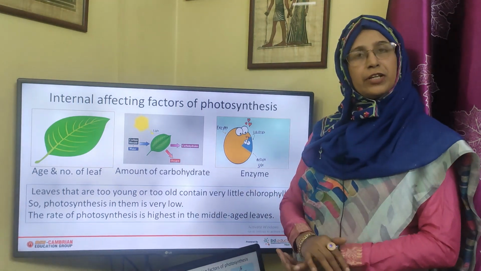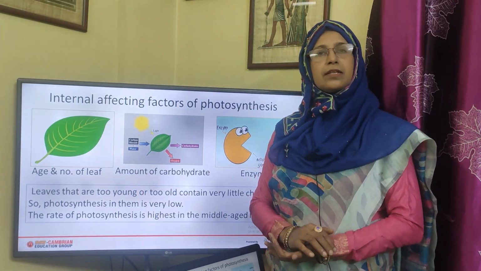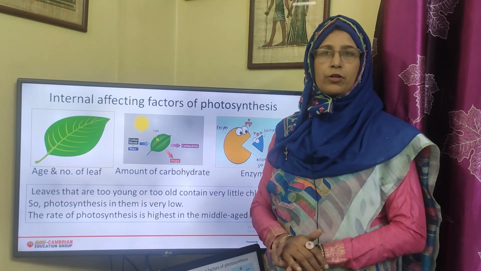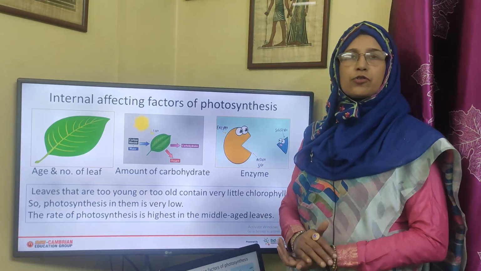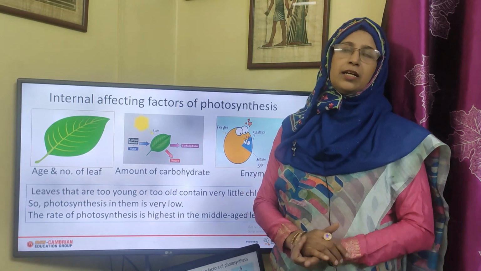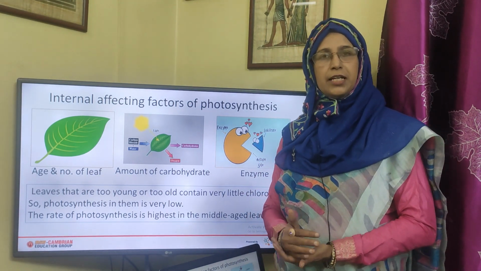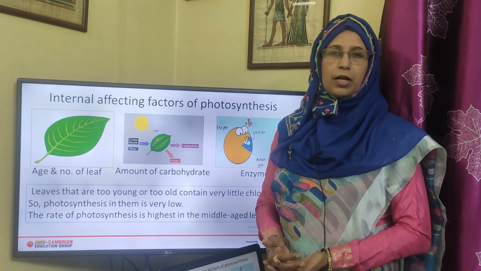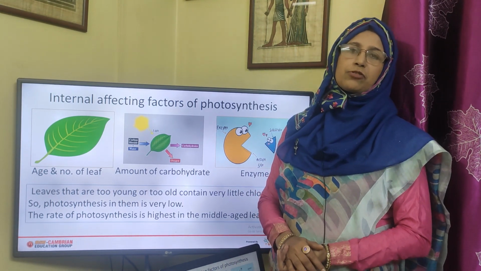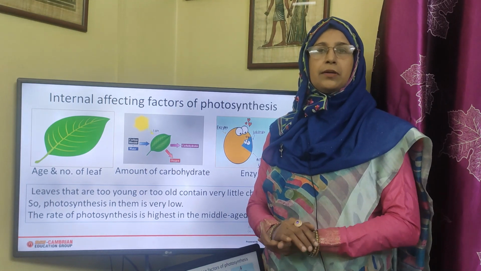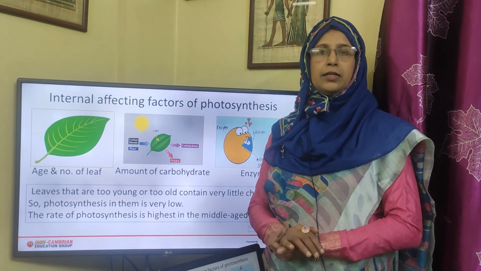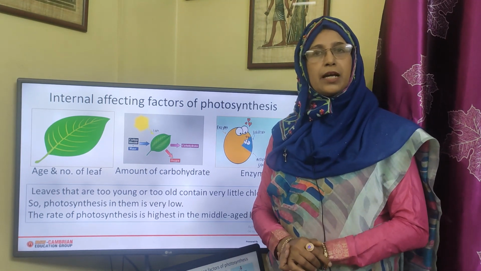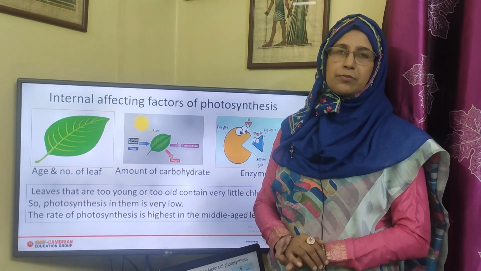And the number of leaves. Dear learners, you have seen that in different types of plants, some contain more leaves, some contain fewer leaves. So more leaves, more chlorophyll and more photosynthesis. But if the amount of chlorophyll is too much increased, then photosynthesis also decreases, because with a high amount of chlorophyll, the shortage of enzymes also plays a vital role.